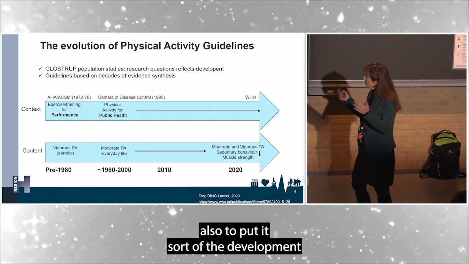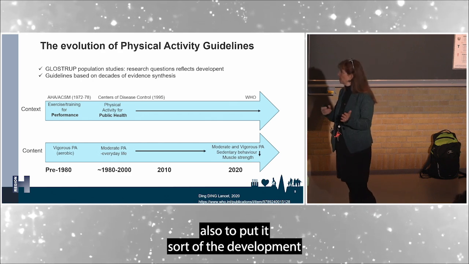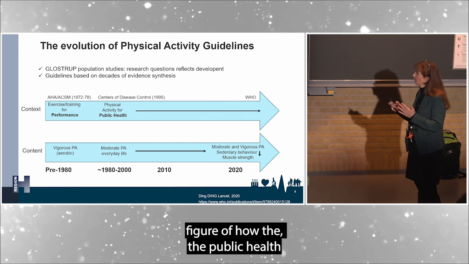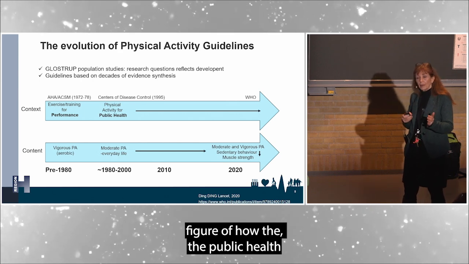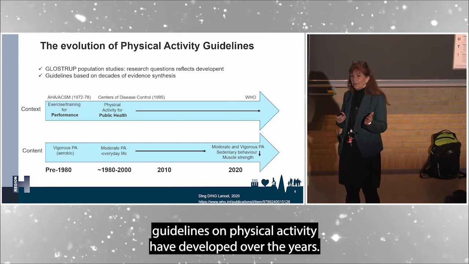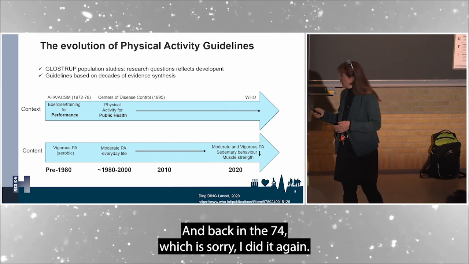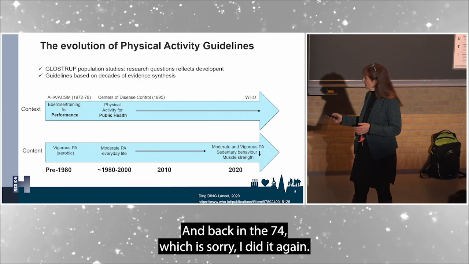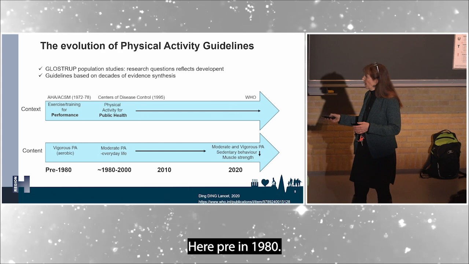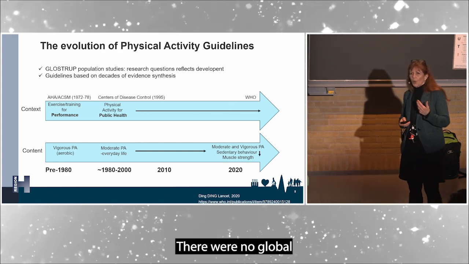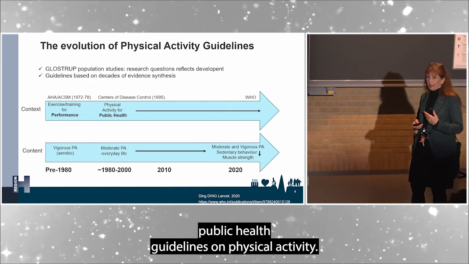Also, to put the development since 1964 into perspective, I've taken this figure of how the public health guidelines on physical activity have developed over the years. And back in pre-1980, there were no global public health guidelines on physical activity.